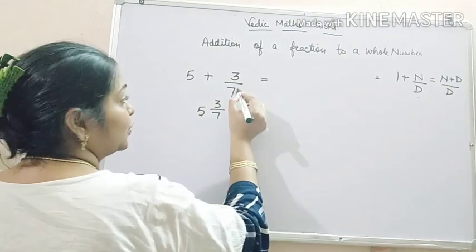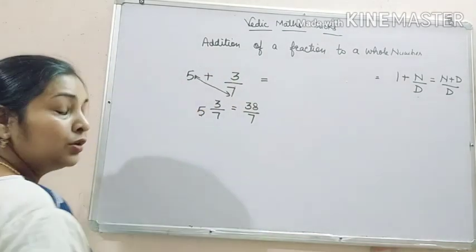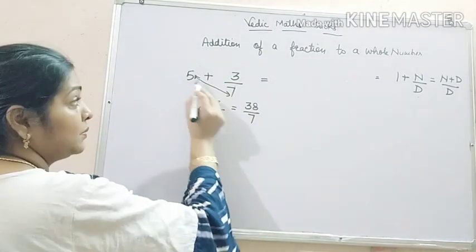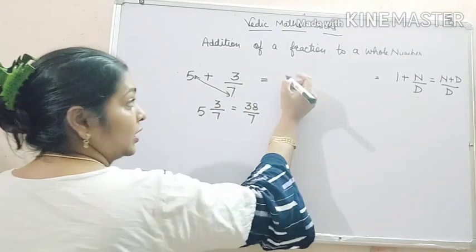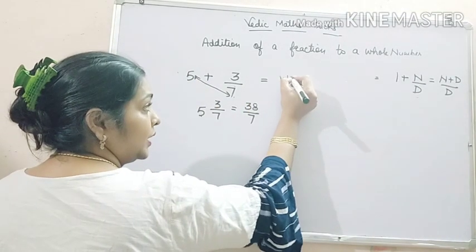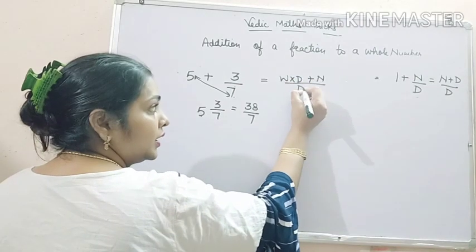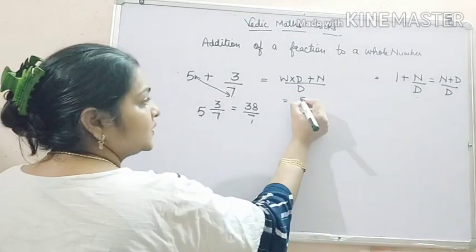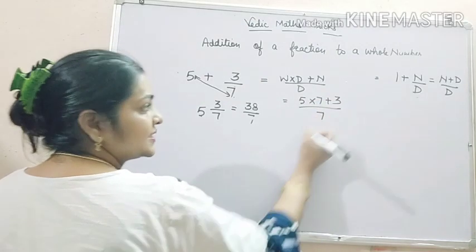What you have to do, you have to cross multiply these two numbers. That means whole number into denominator, plus numerator, upon denominator. Whole number is 5 into 7 plus 3 upon 7.